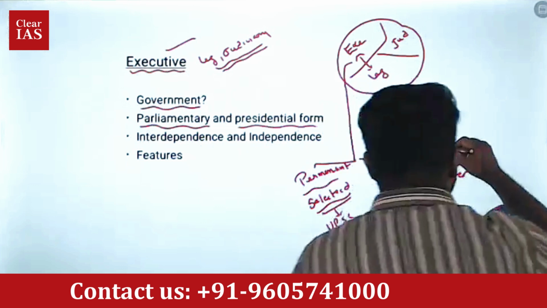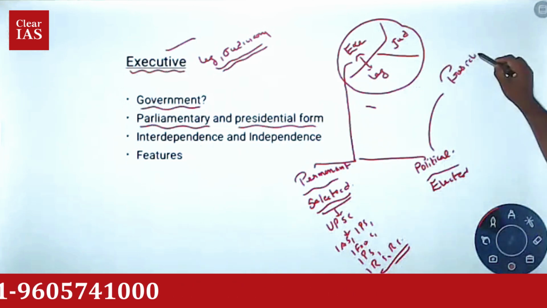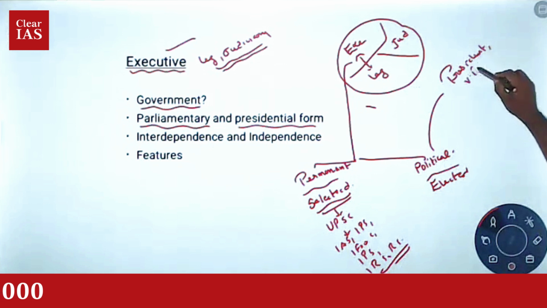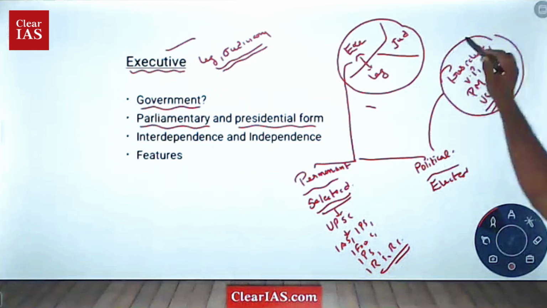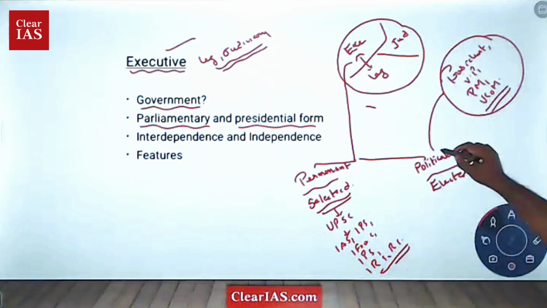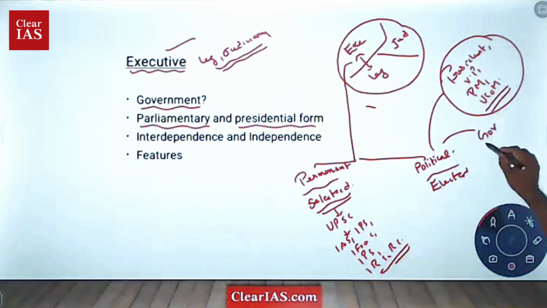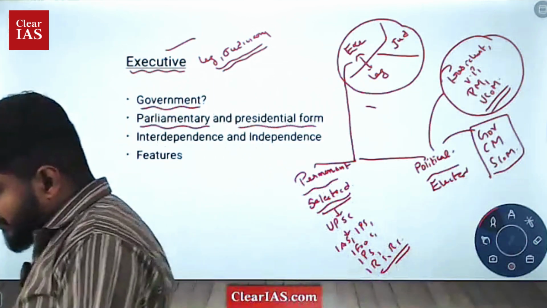They are elected. For example, the President of India, the Vice President of India, the Prime Minister, and the Union Council of Ministers form the Union Executive. At the state level, you have the Governor, the Chief Minister, and the State Council of Ministers. They form the executive at the state level.